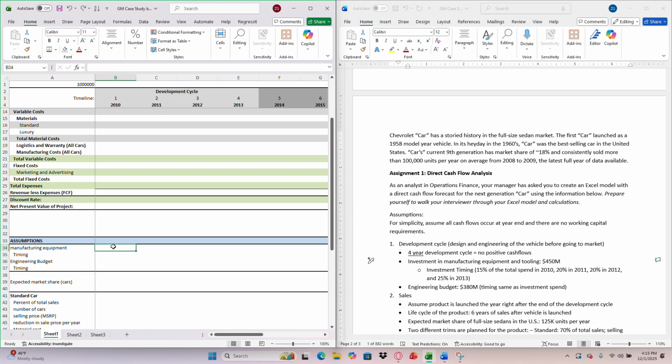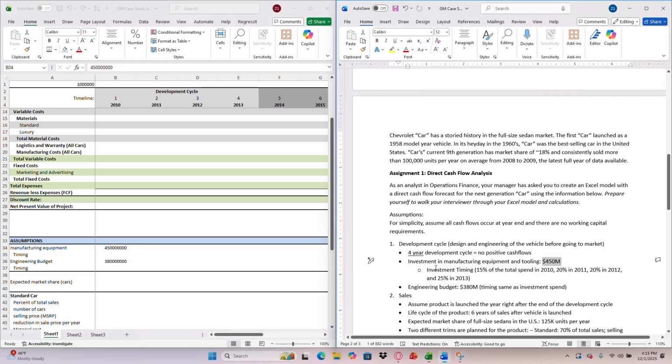Make sure that you do this in the right units. Something I noticed is that in this model, all of the other units are in single units, so we have to make sure that we type out 450 million. I'm pretty sure it's 450 million, and this is going to be 380 million.